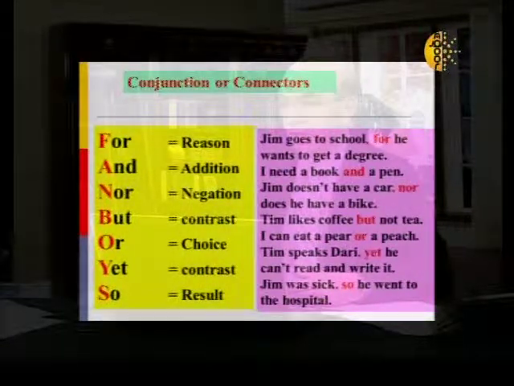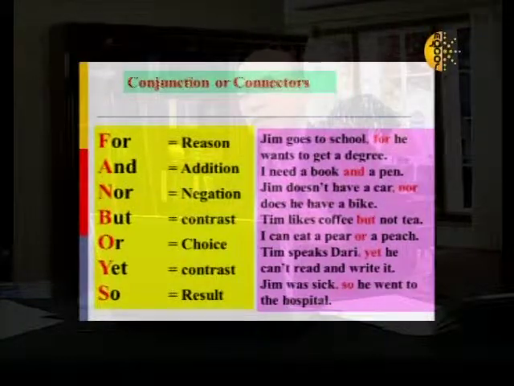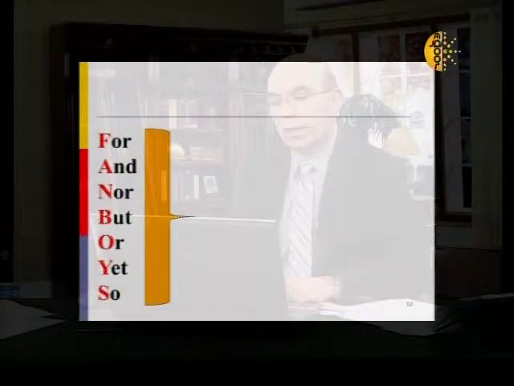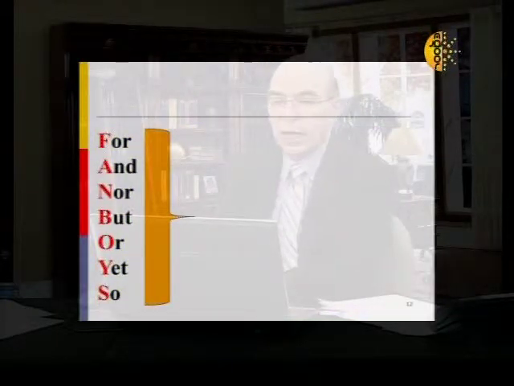Jim doesn't have a bike. And instead of coming up with two sentences, you connect it that way. And then but means contrast. Tim likes coffee, but not tea. Or means choice. Yet is contrast, meaning that Tim speaks the language, yet he can't read and write it. And so: Jim was sick, so he went to the hospital. It shows that that's what happened.